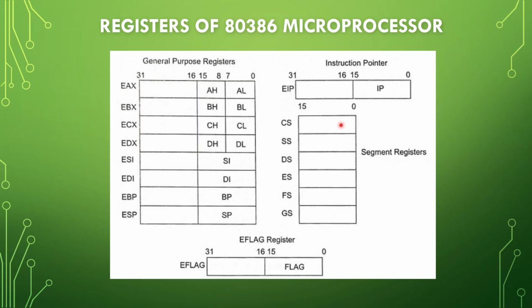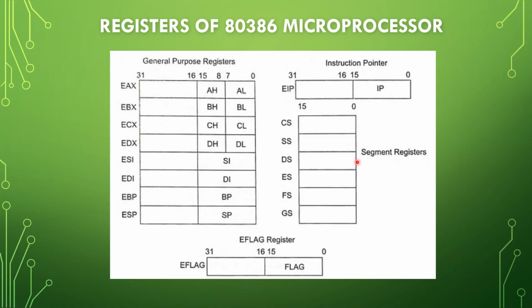The segment register is a 32-bit register, right? As you can see in the figure, it has a capacity of two 16-bit registers. Sorry guys, we are talking regarding segment registers, right?